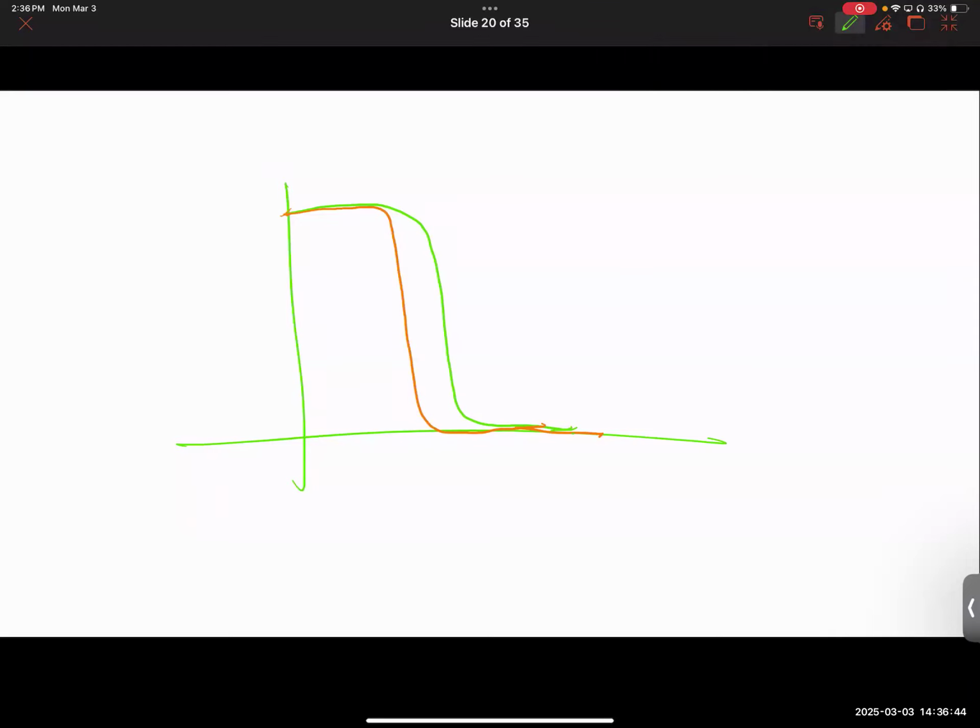For the green one, let me try to make it dot. For the yellowish one, you see, there are too many points of intersections. I don't know which one to take what. Doesn't make any sense, right? So it's very confusing there.